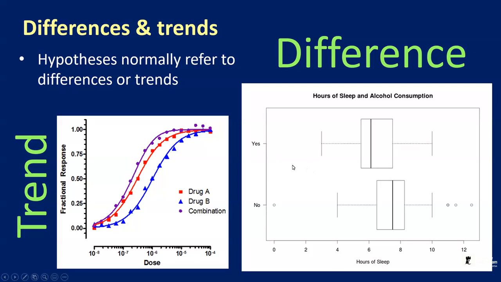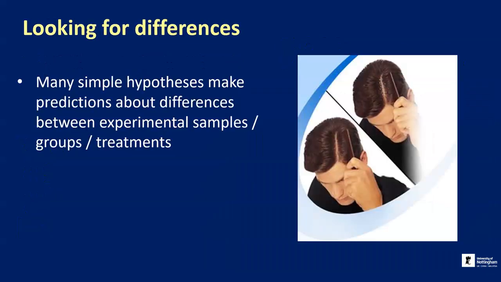So when we're interested in looking at a difference, in this case between people who have had alcohol and people who have not, in a continuous response variable like the number of hours of sleep they've had, then what we're looking at is a difference. So difference versus trend, two different kinds of patterns that we might be looking for in data.